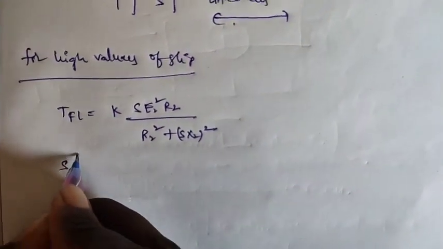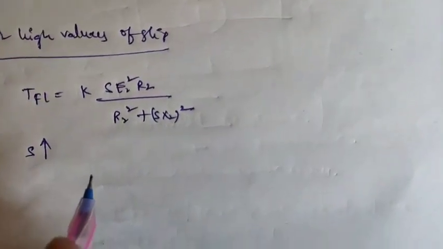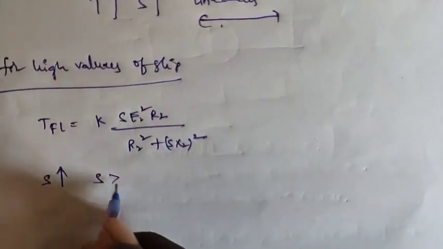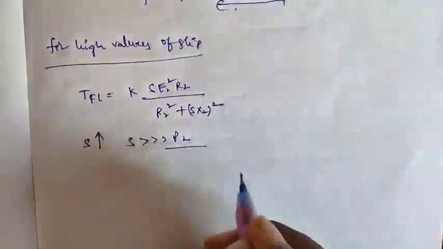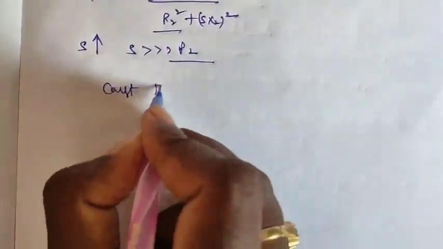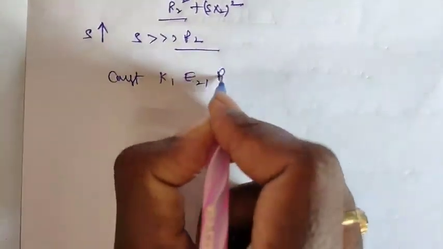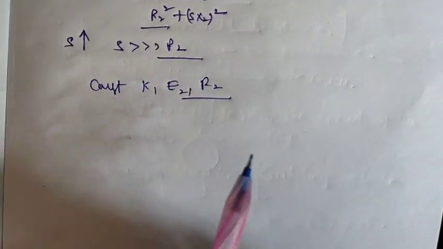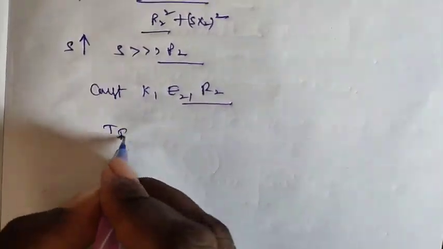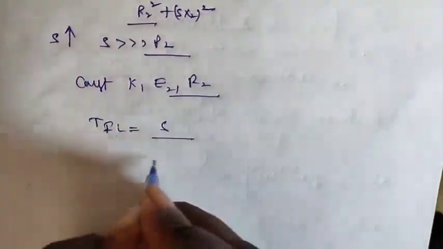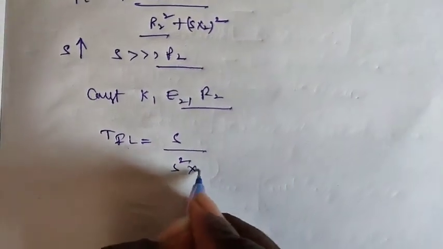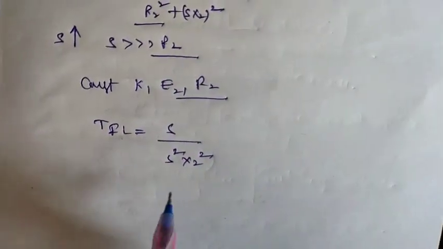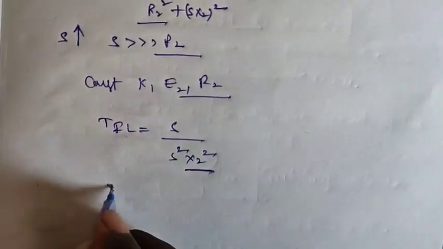The slip value is high, so S X2 is greater than R2, and we can neglect R2 square. The constants are K, E2, R2. Finally, TFL equals S divided by S square X2 square.